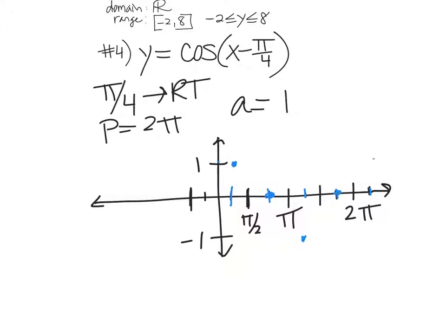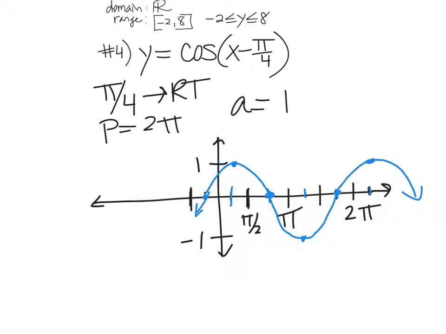And then back up to 1 at the tick mark right after 2 pi. All of those, and you can graph the parent function if that helps you. You can graph it and take all of your points and just shift them over pi over 4. So then it would also go through here. Okay? Pi over 4 sucks.